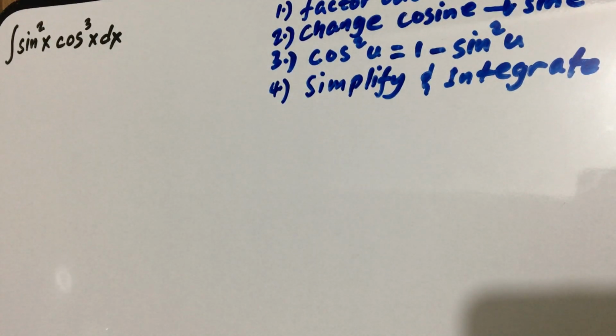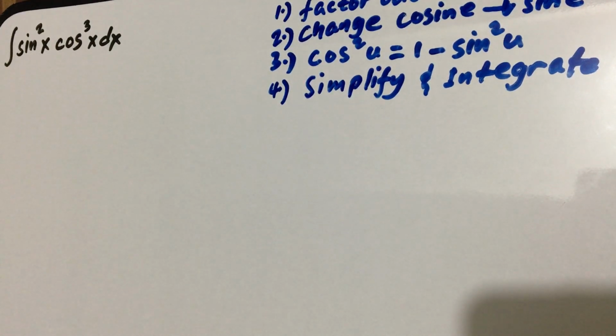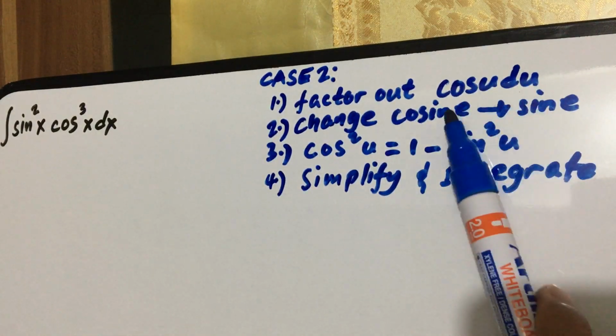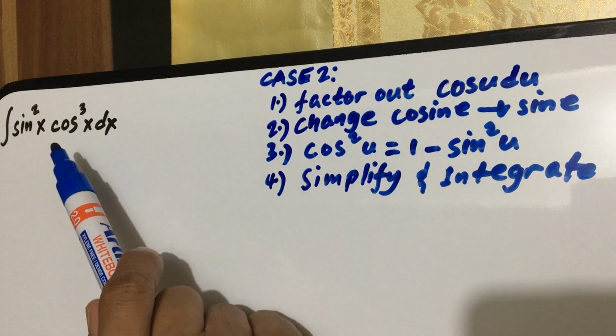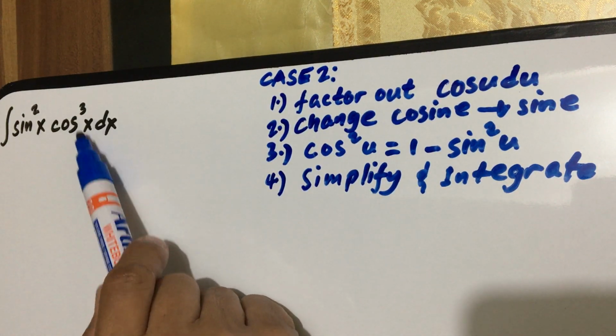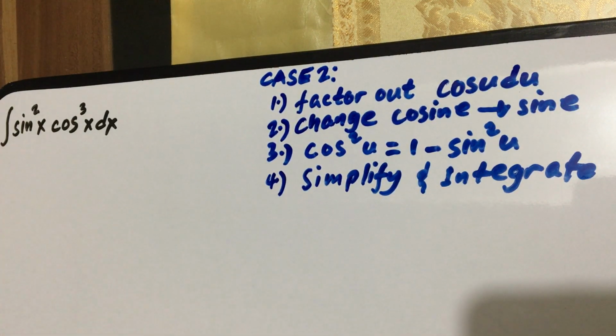So to continue, since we are going to factor out cosine u du according to this procedure, we have to break this cosine cubed x into 2 parts or 2 factors.